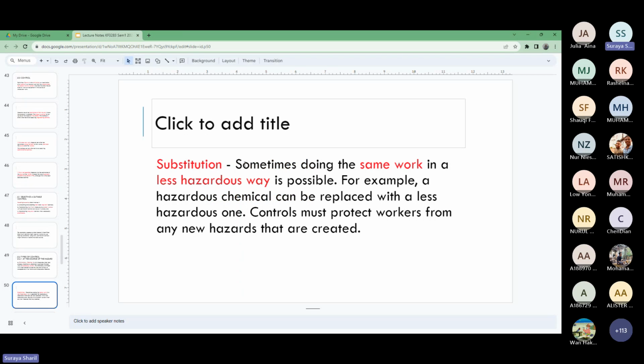And then the next one is substitution. Sometimes it is possible to do the same work in a less hazardous way. This sometimes requires experience, and using that experience and also technology, because from time to time, technology is getting better and getting safer.